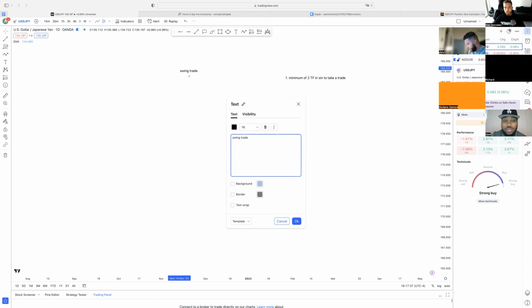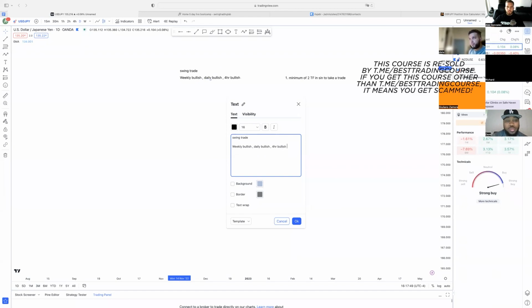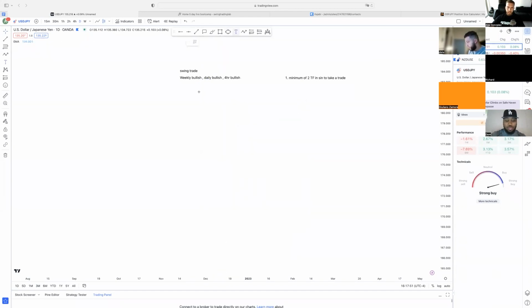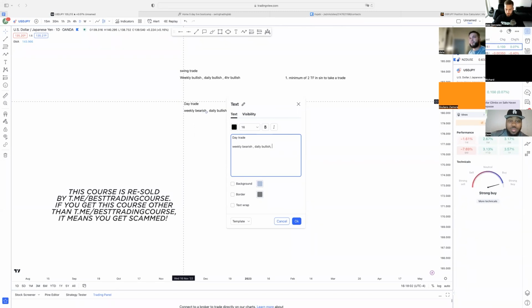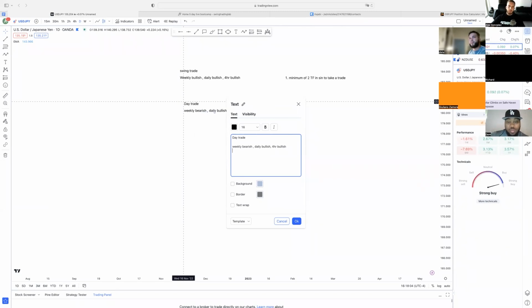The most ideal swing trade is you want for the weekly, daily, and then you want the 4-hour to be bullish. For an ideal day trade, you can have the weekly, let's say, bearish, but then you can have the daily bullish, and then you can have the 4-hour bullish, right?